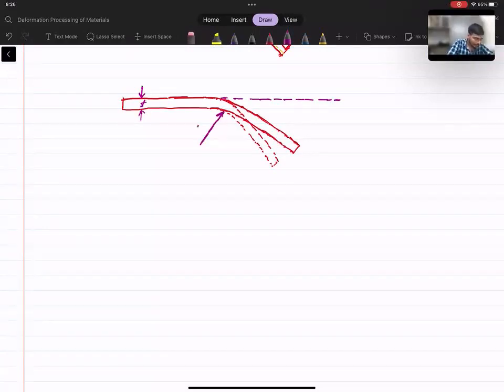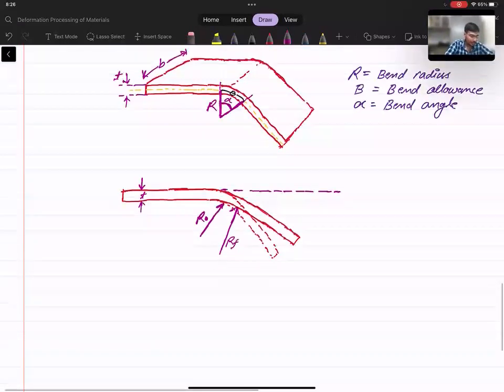Okay, so this is R naught, and for this solid one, the radius will be a little bit longer. So this is say RF. This is the final bend radius that we want.